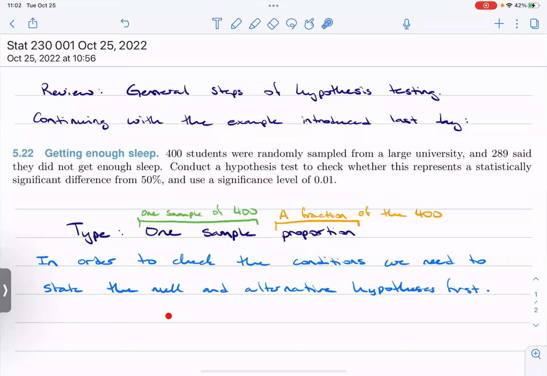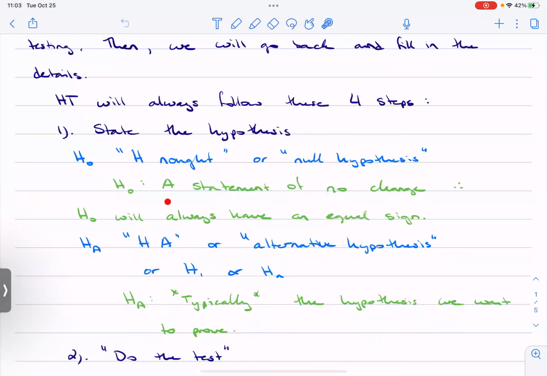So let's see here. The null and alternative hypothesis, so far, what we've said is that the null hypothesis, H naught, is a statement of no change. Okay, and so it's always going to have an equal sign.